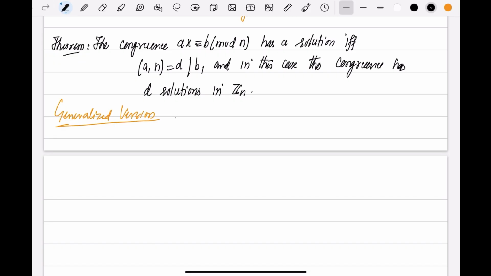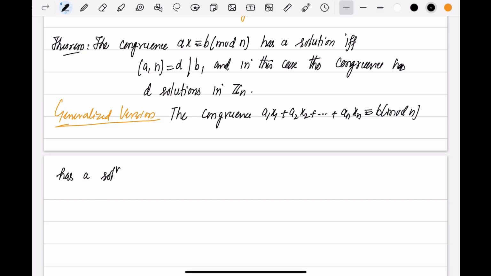If we have a linear congruence in n variables, a1x1 plus a2x2 plus so on plus anxn congruent to b modulo n, it has a solution if and only if the GCD of a1, a2, ..., an, n, which we call d, divides b.